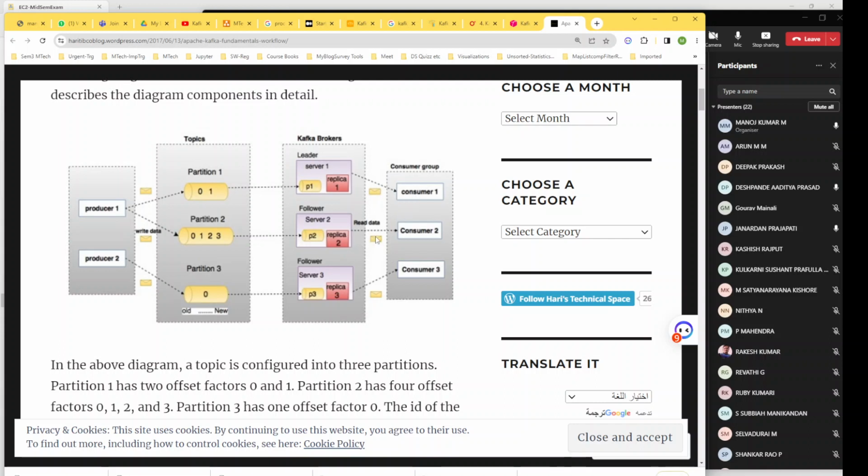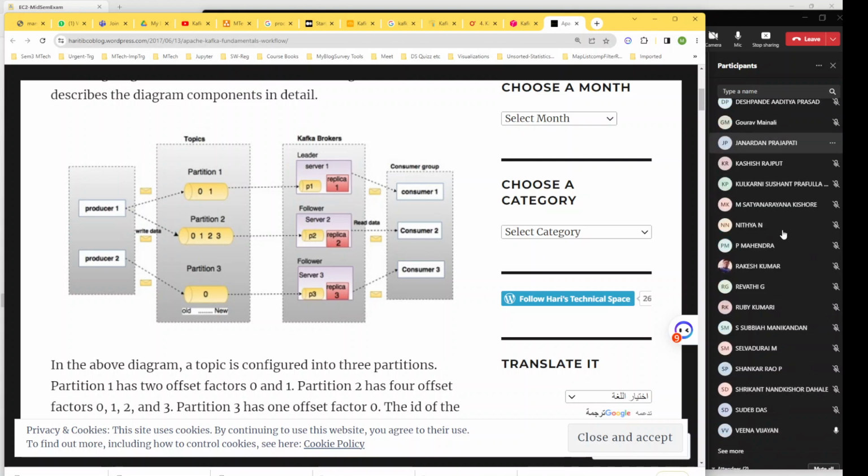And the consumer. Yeah, this is more clear, right? But ideally, the replica of that particular partition should not be on the same server, correct? Yeah, exactly. I missed that one. Here they just give replica 1, replica 2, and replica 3.